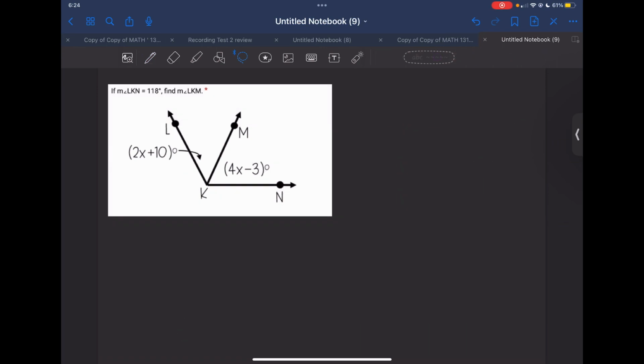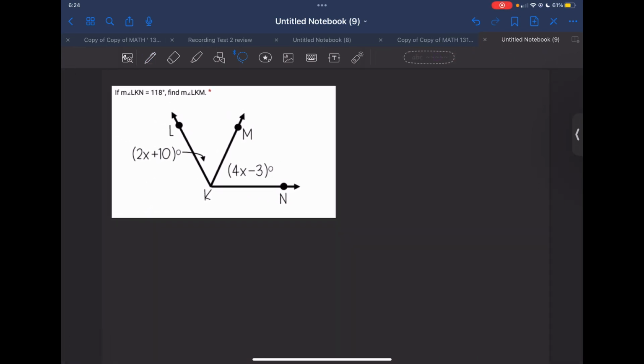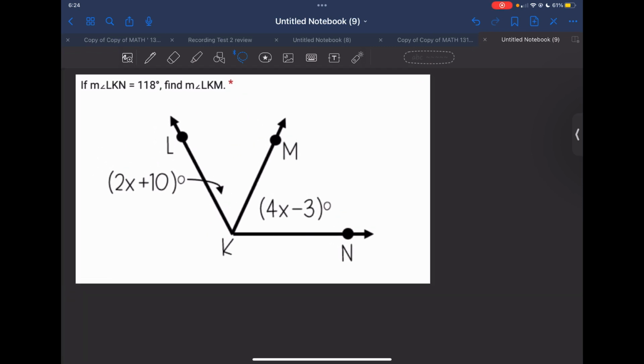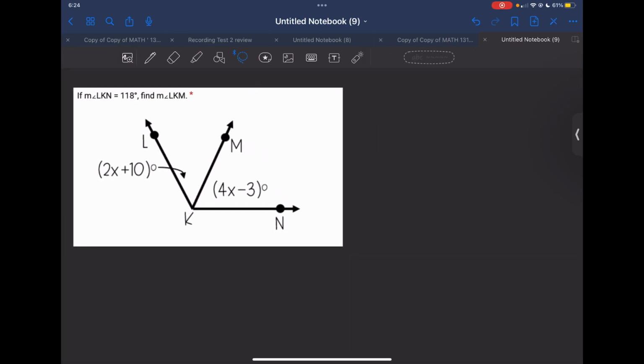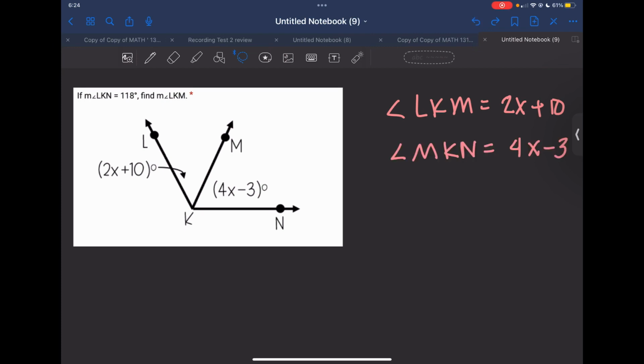For angle addition postulate, it says if M measures LKN at 118 degrees, find the measure of LKM. Okay, so here's what I know. We're going to go a little bit faster through this one. I know the measure of LKM equals 2x plus 10, right here. And then I know the measure of angle MKN is 4x minus 3.